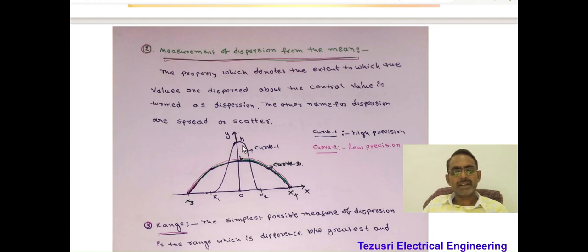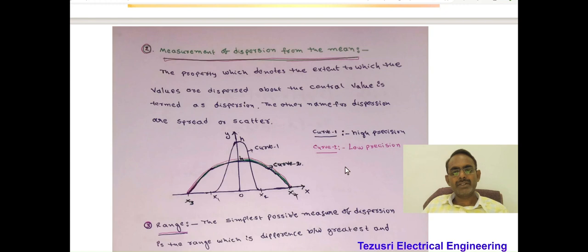For example, here curve 1 x1 to x2 with a central value h, and curve 2 x3 to x4 with a central value h.